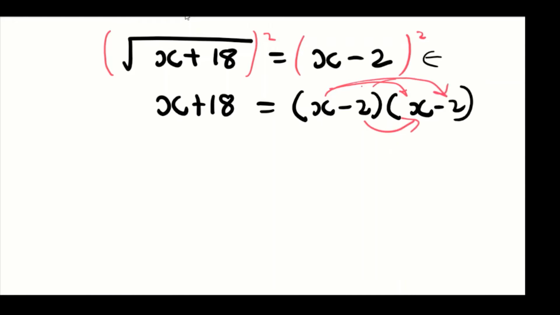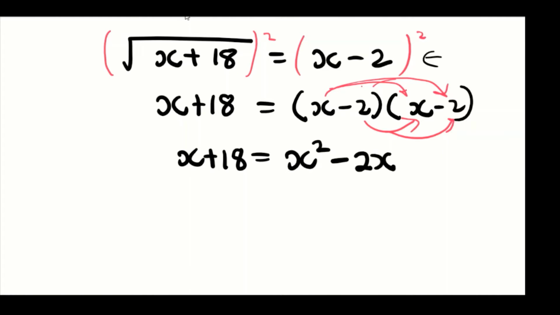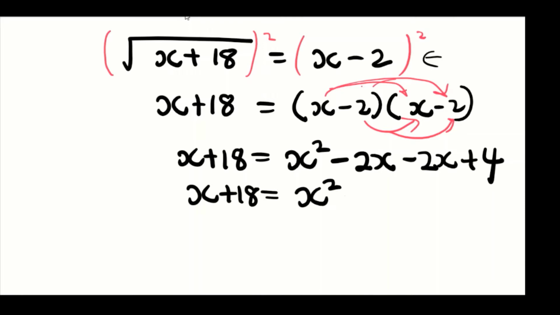So to multiply this and that, you're going to have x plus 18 being equal to x times x is x squared, x multiplied by minus 2 is minus 2x, x multiplied by minus 2 is minus 2x, plus 4. So you're going to have x plus 18 being equal to x squared minus 4x plus 4.